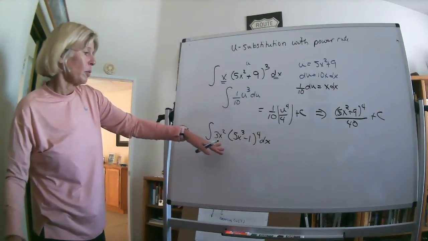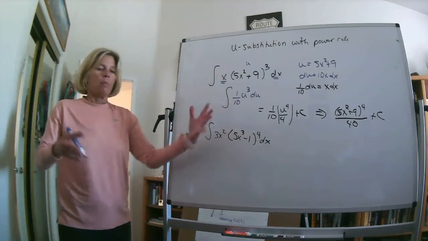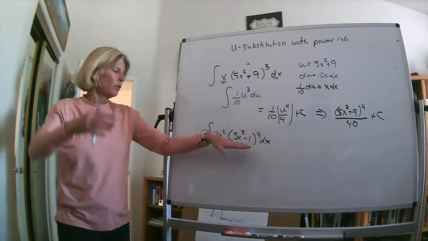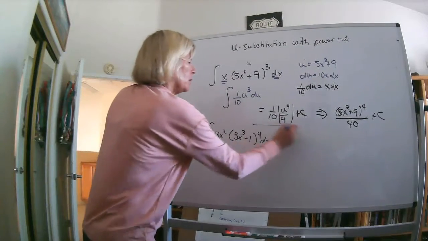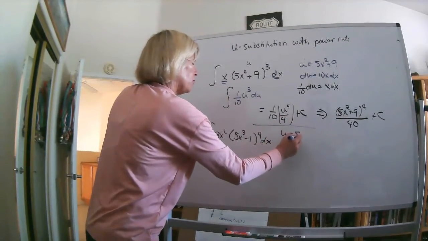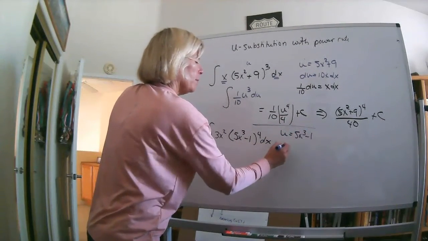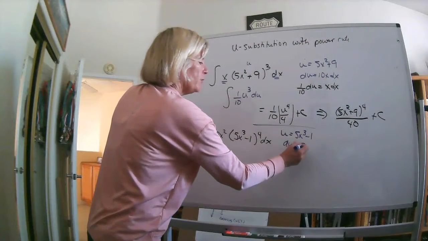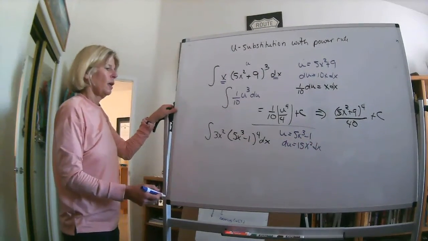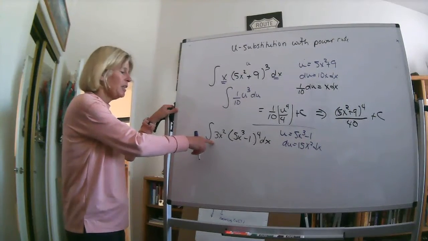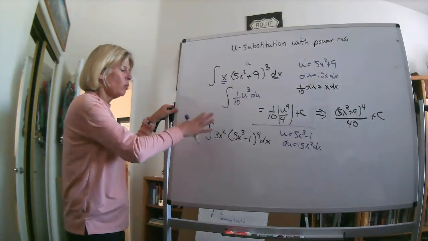This is a similar problem. My something to the fourth, my u is going to come from the inside function. So u is going to be 5x cubed minus 1. Du is 15x squared dx. I don't have a 15, I have a 3, but I'll worry about that.